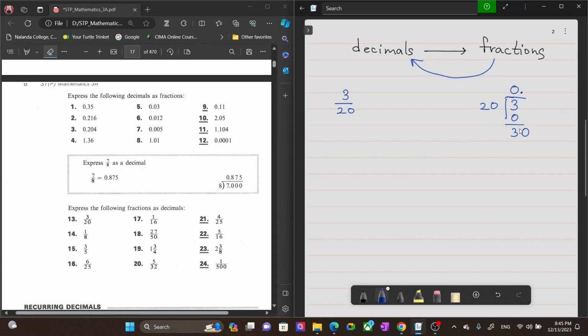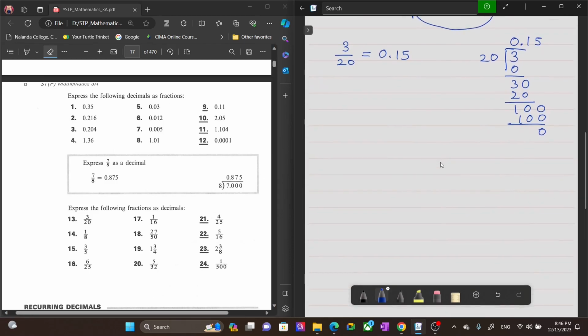How many 20s are there in 30? 1. 20 times 1 is 20. Subtract, get 10. Put another 0. How many 20s are there in 100? There are 5. 20 times 5 is 100. So we get 0 and the division stops. So our answer is 0.15.